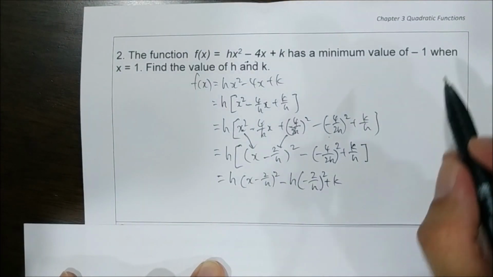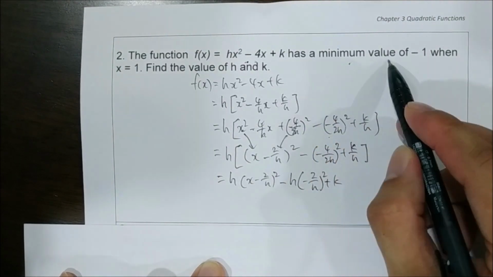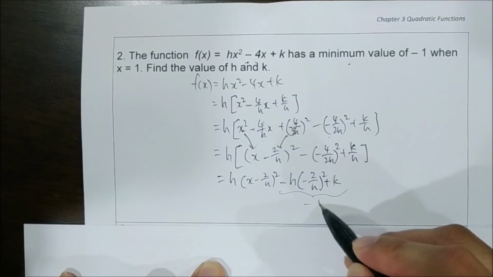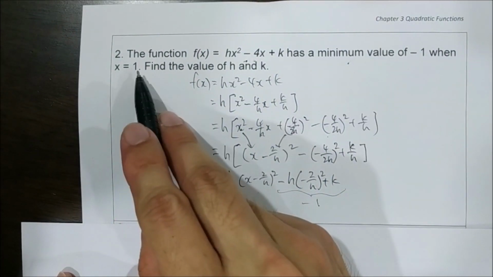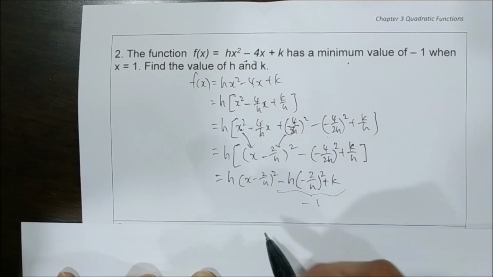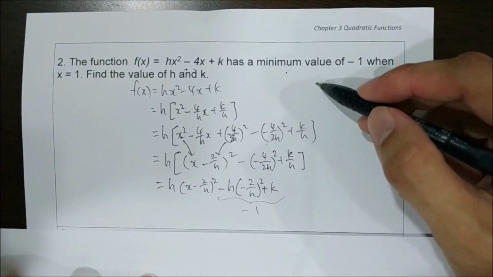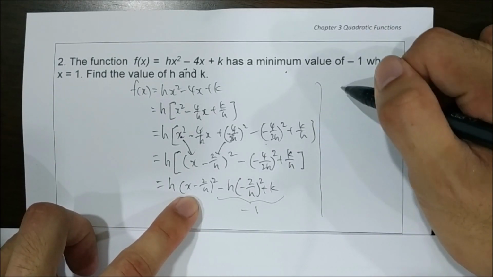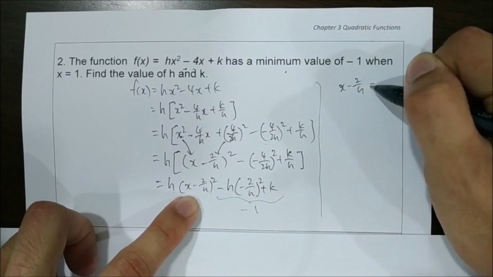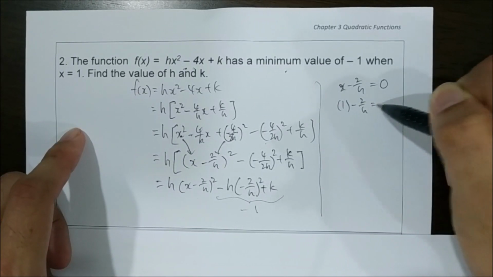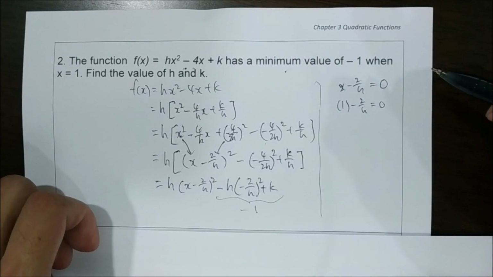Now you see, the function has a minimum value of -1. So we know that this has a value of -1. x equals 1 when this whole thing equals 0. So I just write it aside here. This whole thing equals 0, x here is replaced by 1. From here we can find the value of h.